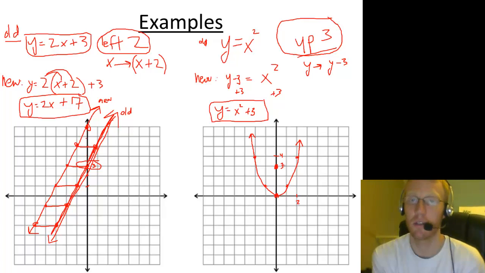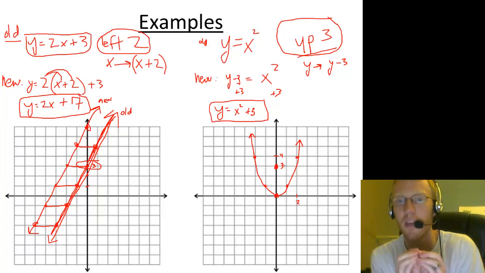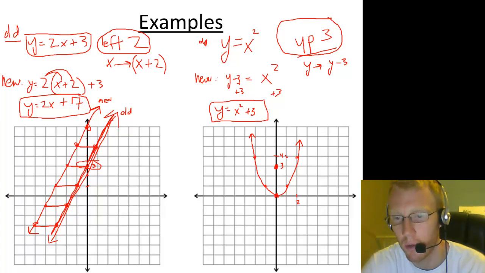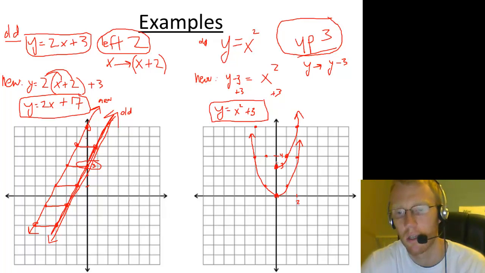But once I know my new starting point, the way that I get to all the other points is the same. So from the vertex, I go over 1, up 1, or I go over 2, up 4, or I go back 1, up 1, or I go back 2, up 4. And then I can draw all of these lines in as well.